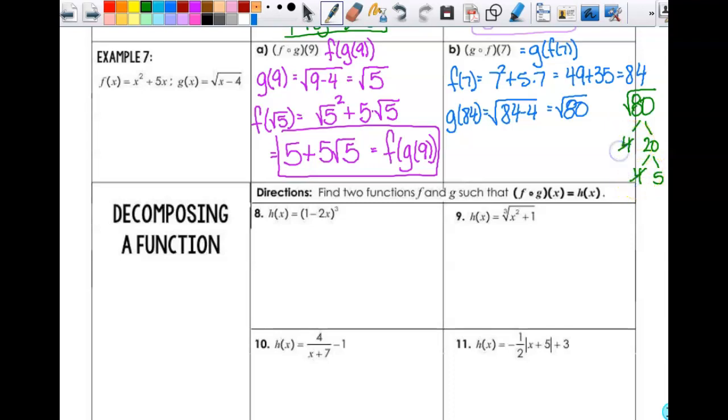These 2 4s come out as just a plain old 4. This guy's by himself, and he stays underneath. So that means that the square root of 80 is the same as 4 square root of 5. Right? That means that g of f of 7 equals 4 square root of 5. Any questions at all?